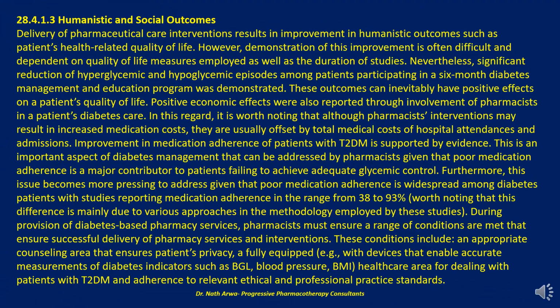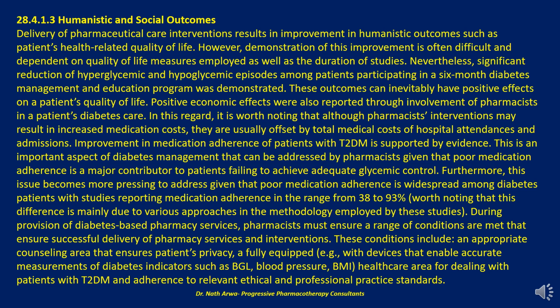Next we will discuss humanistic and social outcomes. Delivery of pharmaceutical care interventions results in improvement in humanistic outcomes such as patients' health-related quality of life. However, demonstration of this improvement is often difficult and dependent on the quality of life measures employed as well as the duration of studies.